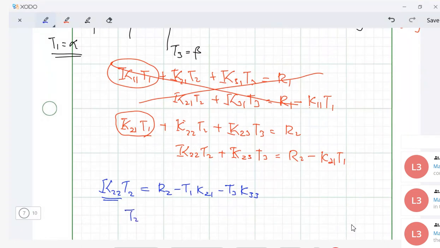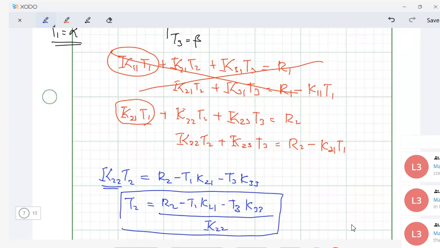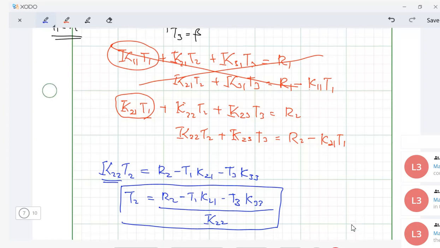R2 is known, T1 is known, K21 is known, T3 is known, and T1 and T3 are the boundary conditions. So this is T3, K23 is the coefficient, then divide by K22. Because there's only one unknown, this is very simple.